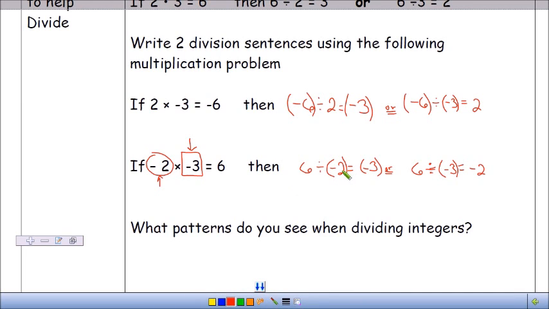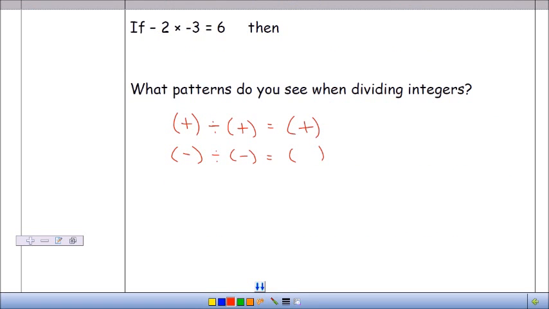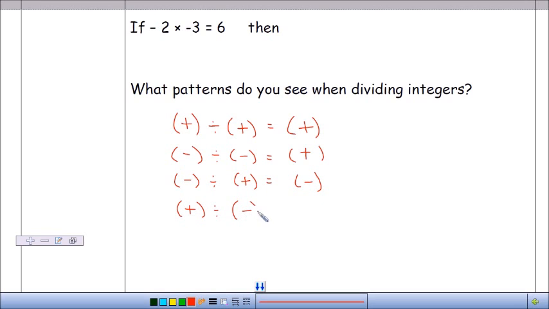Notice here we have a negative number divided by a negative number. What kind of number do we end up with? A positive number. So a negative divided by a negative equals a positive. Now if we have only one negative and we're dividing by a positive, then my answer is going to be negative. And if we have a positive number divided by a negative, then my answer is also going to be negative.